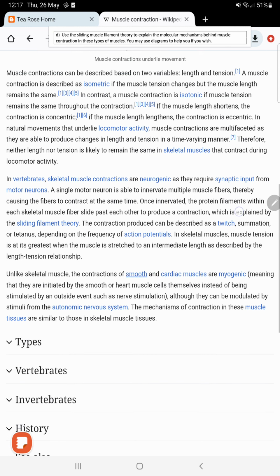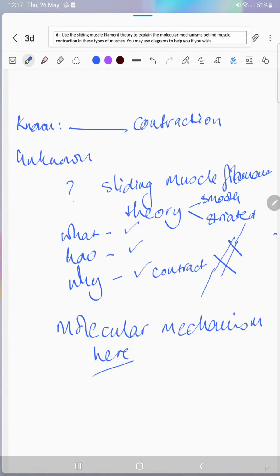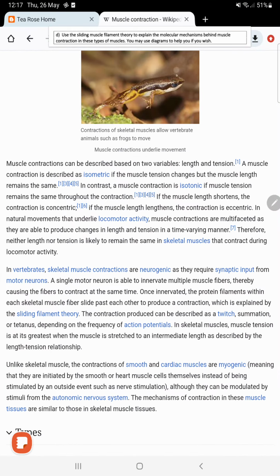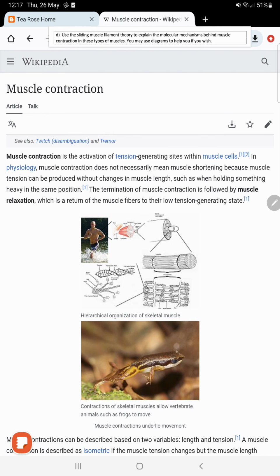Okay. I've lost sight of what I was doing. Molecular mechanism. This is why it's always nice to write it down. Molecular mechanism. I don't think we've had it.